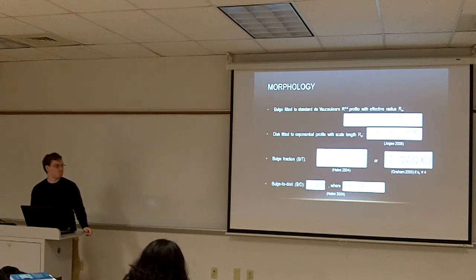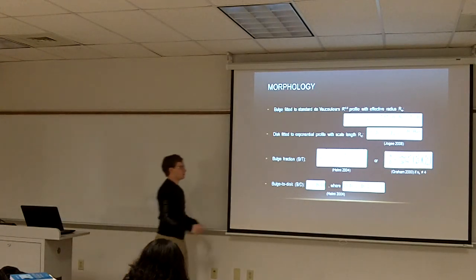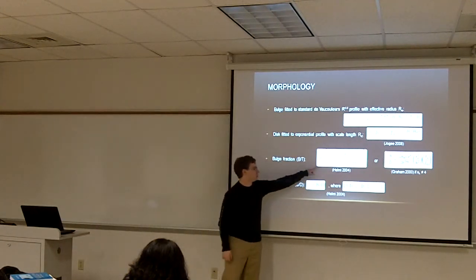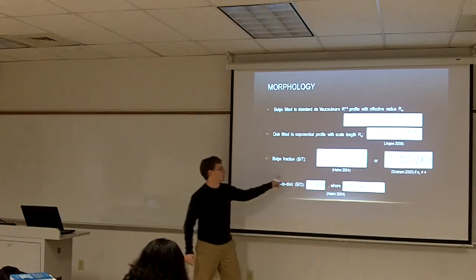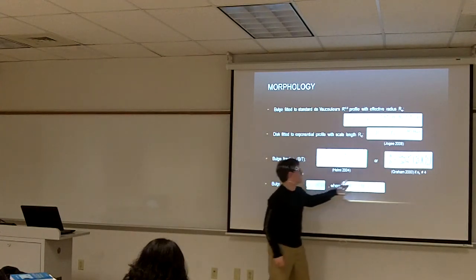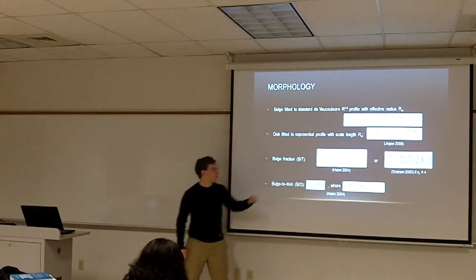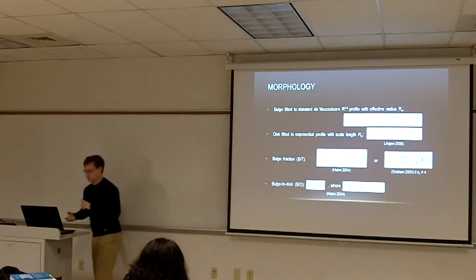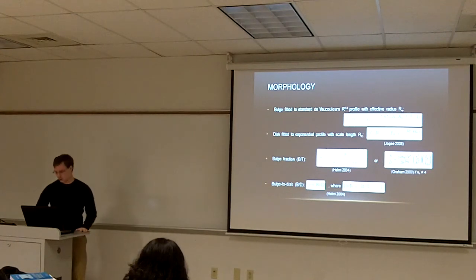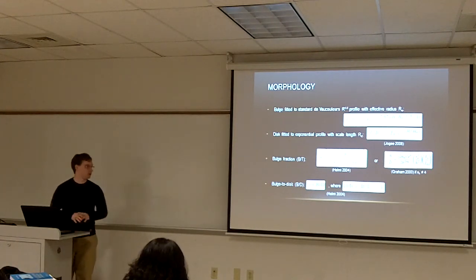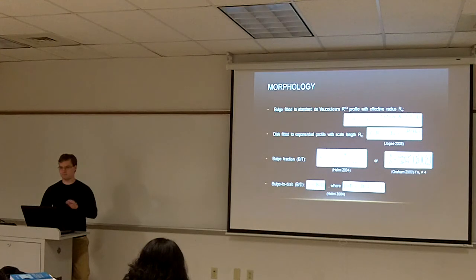But using a bulge de Vaucouleurs fit and then an exponential fit for the disk, you get this equation for the B to T, where B to T is bulge to total, by the way. And the bulge to disk, if you put in n equals 4, and the b parameter is also dependent on n, then it comes out to the B to T ratio.